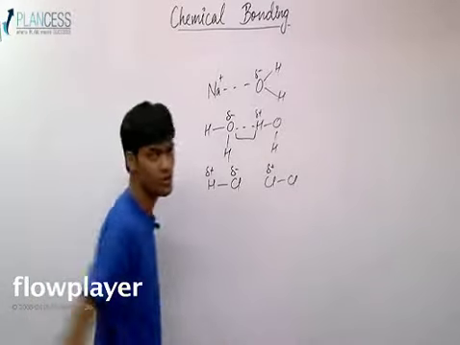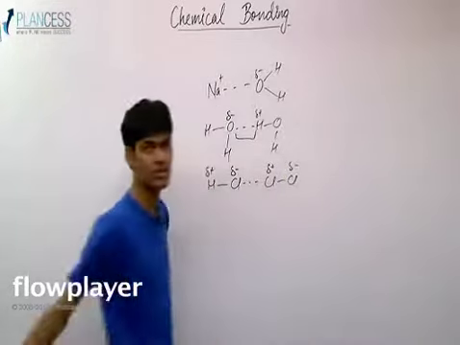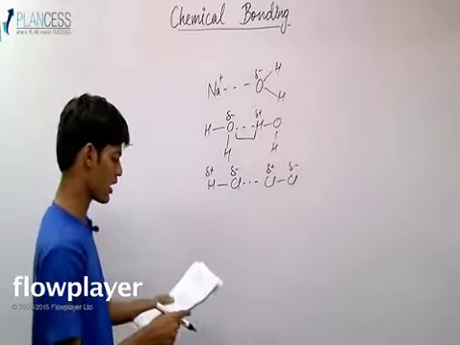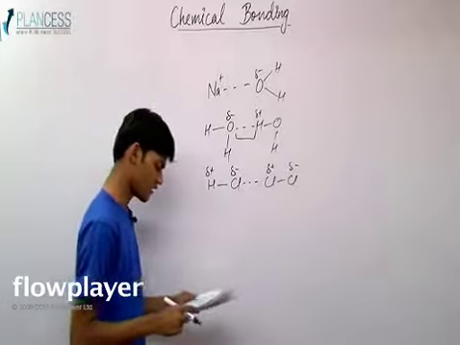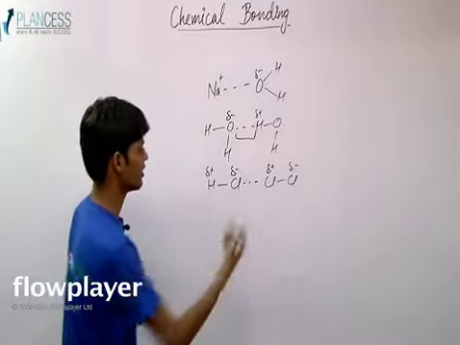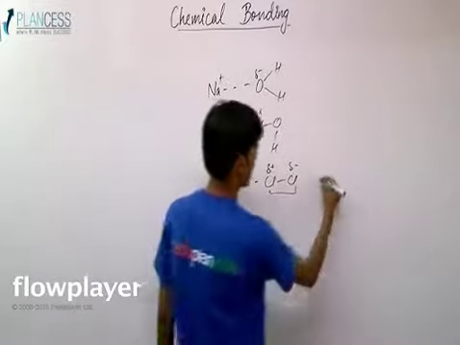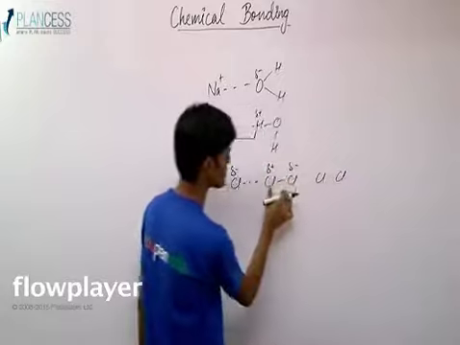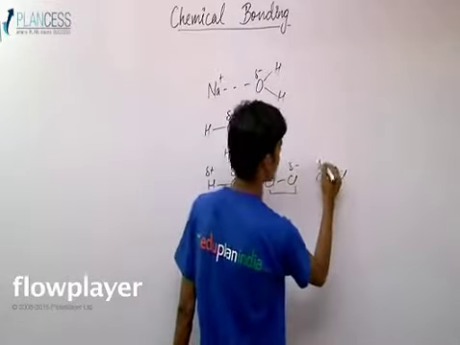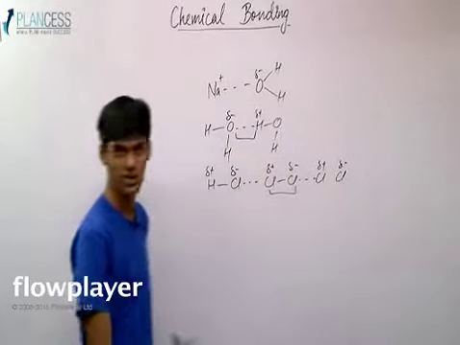There is a dipole induced in another non-polar compound, and this interaction is called dipole induced dipole attraction. And the other one is the instantaneous induced dipole interaction, which is something like this: delta plus and delta minus, and according to this instantaneous dipole, delta plus is generated here and delta minus is generated here.